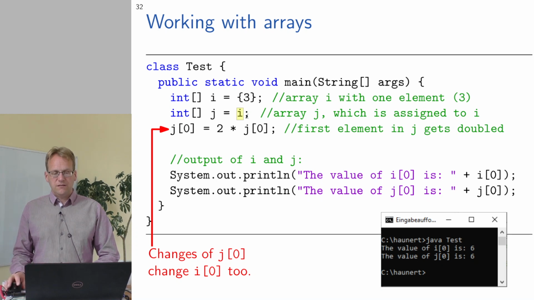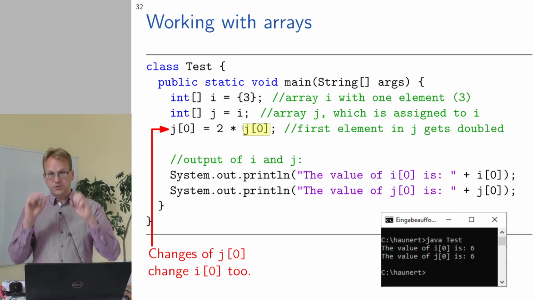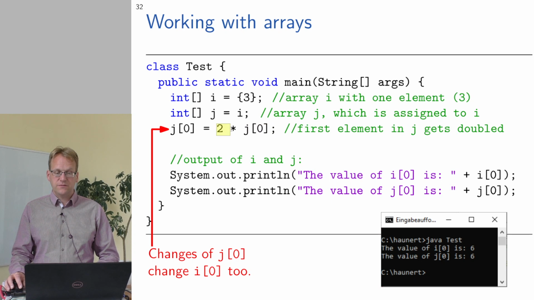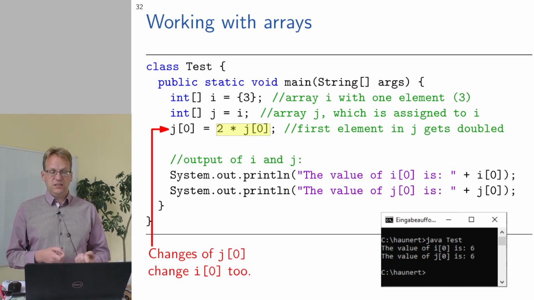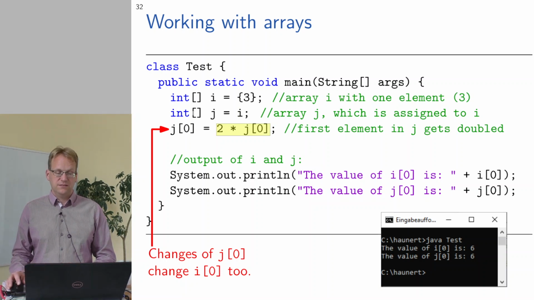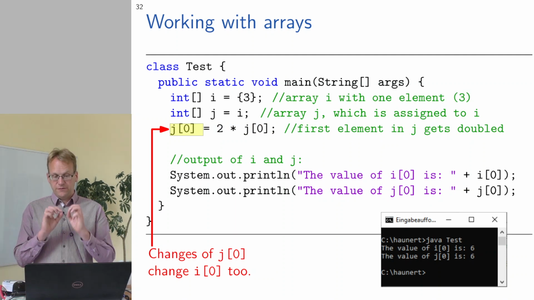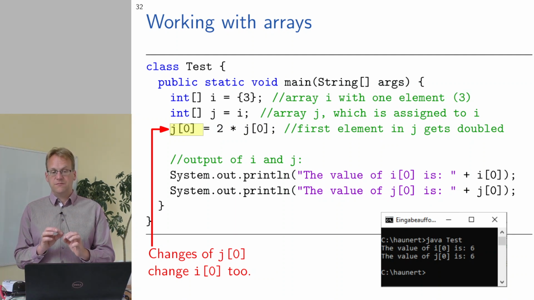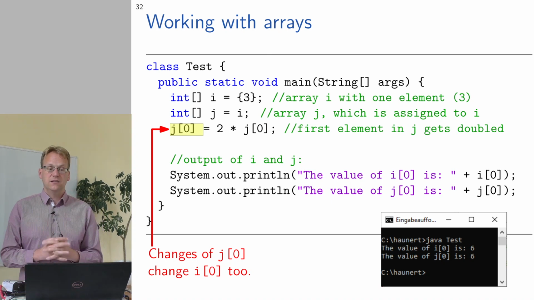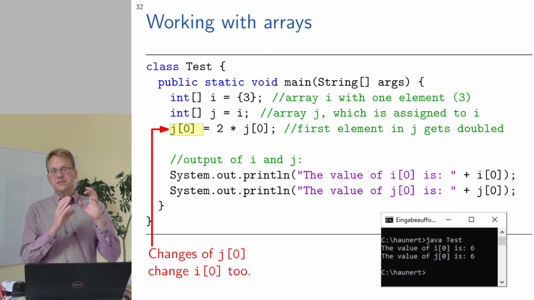Now what we are doing next is taking the first element in j, j[0], and multiplying this with 2. The first value in j is of course 3, multiplied with 2 should be 6, and this value 6 we assign to the first position of j.